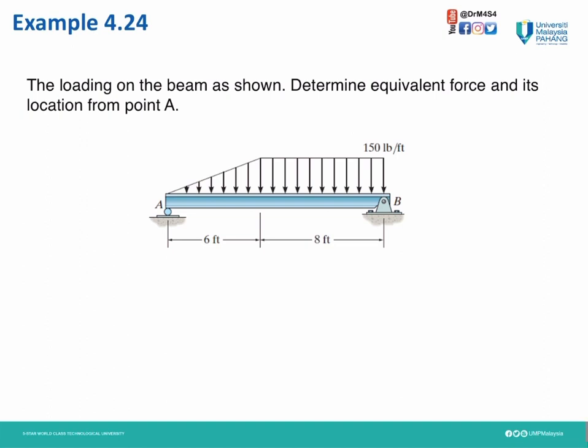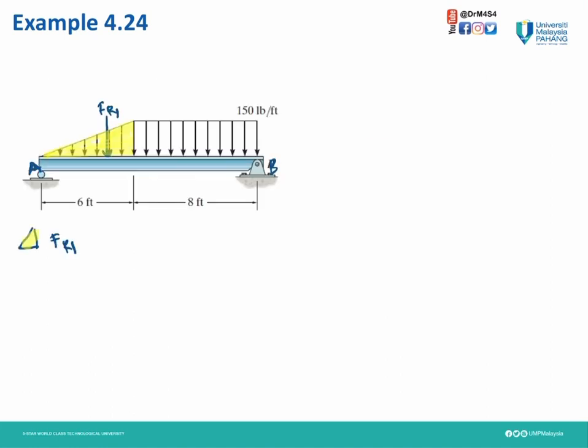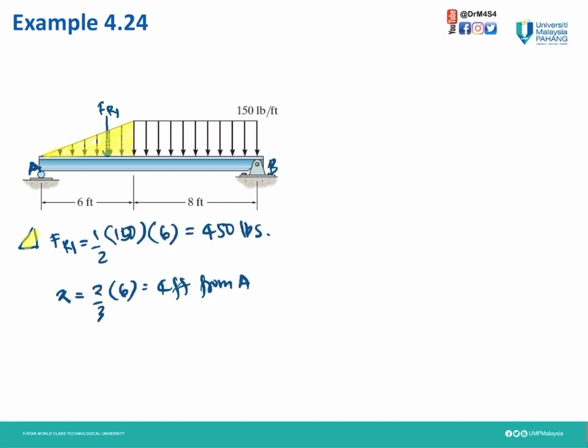Now we move to example 4.24. In this question, we can see the combination, and the UDL is 150 pound over feet. First, we need to find the resultant force for the yellow shaded area, and our FR is the total area of the yellow area, which is half times 150, and the length is 6 feet, so our FR is 450 pound.